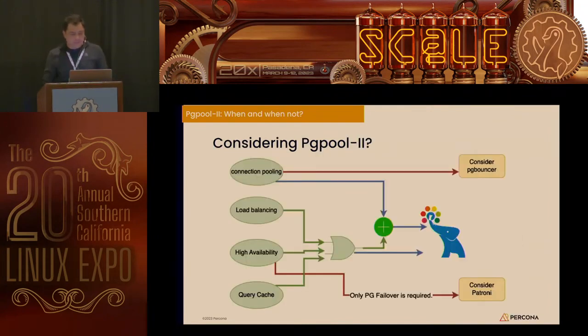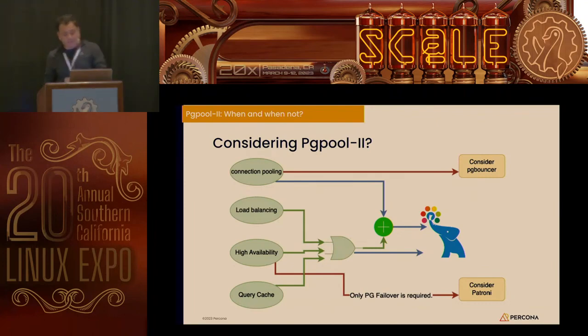This is a flowchart I tried to make, as a decision guide for when Pgpool is better and when it is not. If you need only connection pooling, just consider PgBouncer. For load balancing, high availability, and query cache, if you need any or all of these, you can also enable connection pooling, and then Pgpool is I think the best choice.